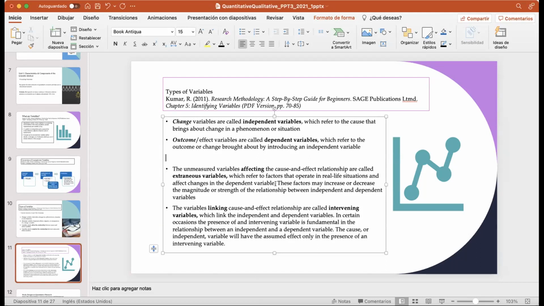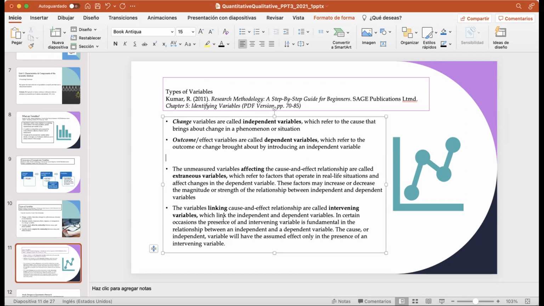These factors may increase or decrease, two words that we use a lot in quantitative research, the magnitude or strength of the relationship between independent and dependent variables. So the extraneous variables are important because they can influence that result and make the strength of the relationship increase or decrease.